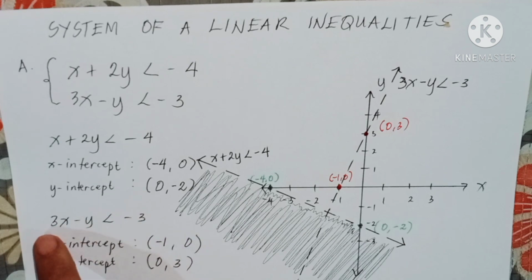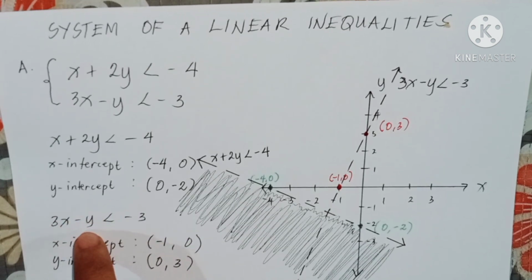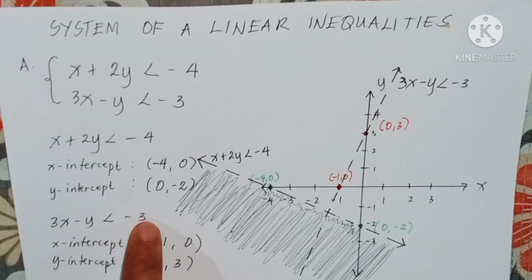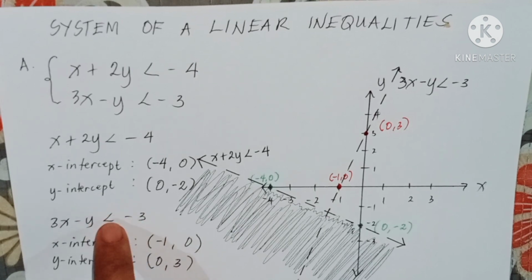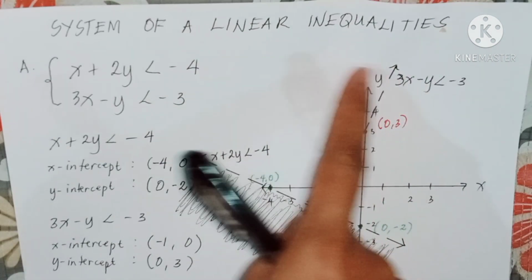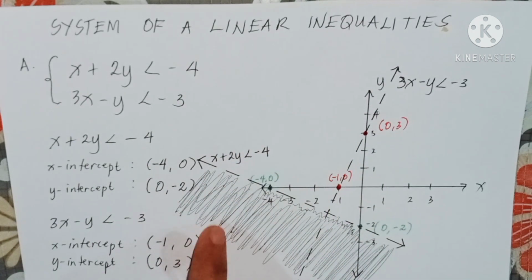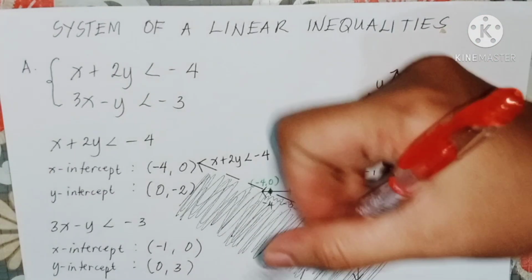So that is false, it means the solution set will be on the upper or above the boundary line. So we draw here.